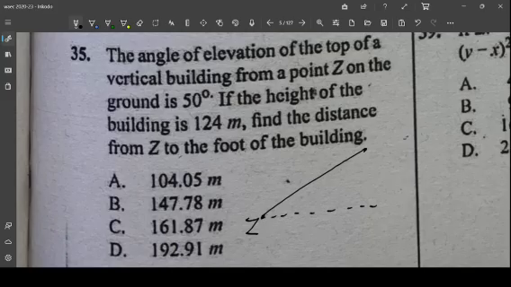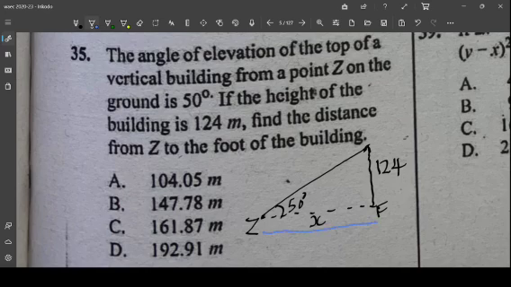Now, the height of the building is 124 meters. Find the distance from Z to the foot of the building. So let's label this distance x.